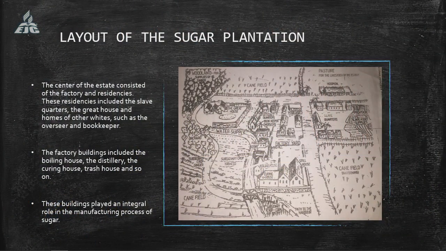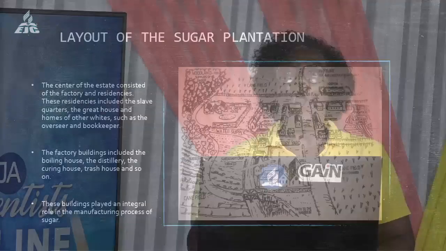And so, in the 18th to 19th century, we know that most of the land in Jamaica and other Caribbean islands was under sugar. We had several plantations in our Caribbean islands. And so we are going to look at a typical sugar plantation in Jamaica in the 18th to 19th century.